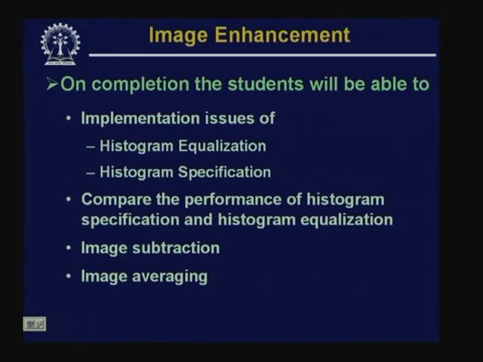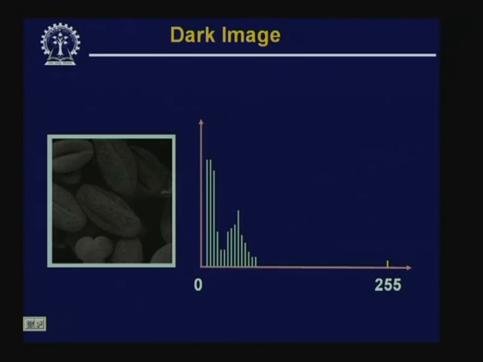So, now let us briefly recapitulate what we have done in the last class. As we have said, the histogram of an image indicates the global appearance of an image. We have also seen these images in the last class, but just for a quick recapitulation, on the left hand side we have shown an image which is very dark, and we call this the dark image.